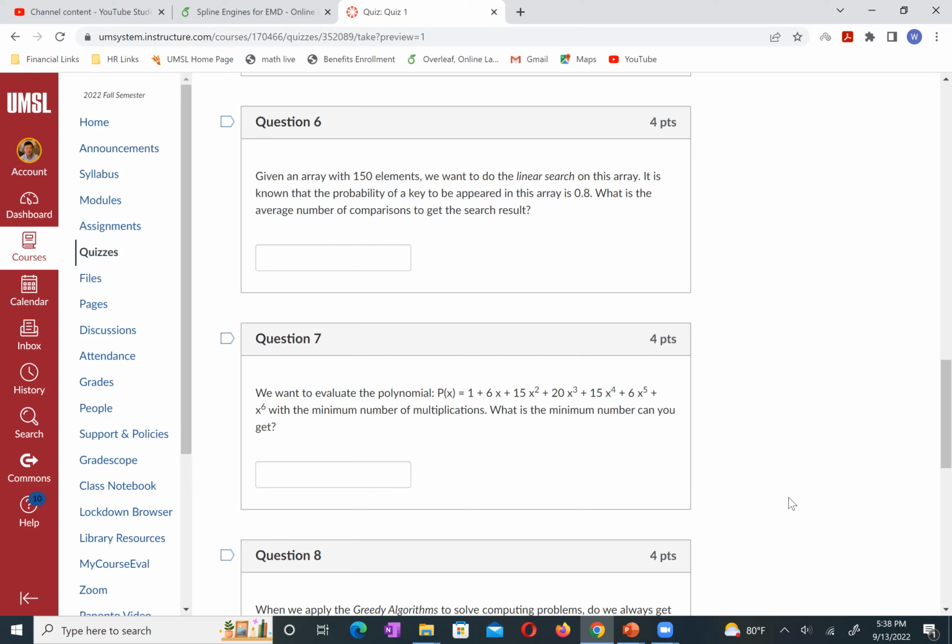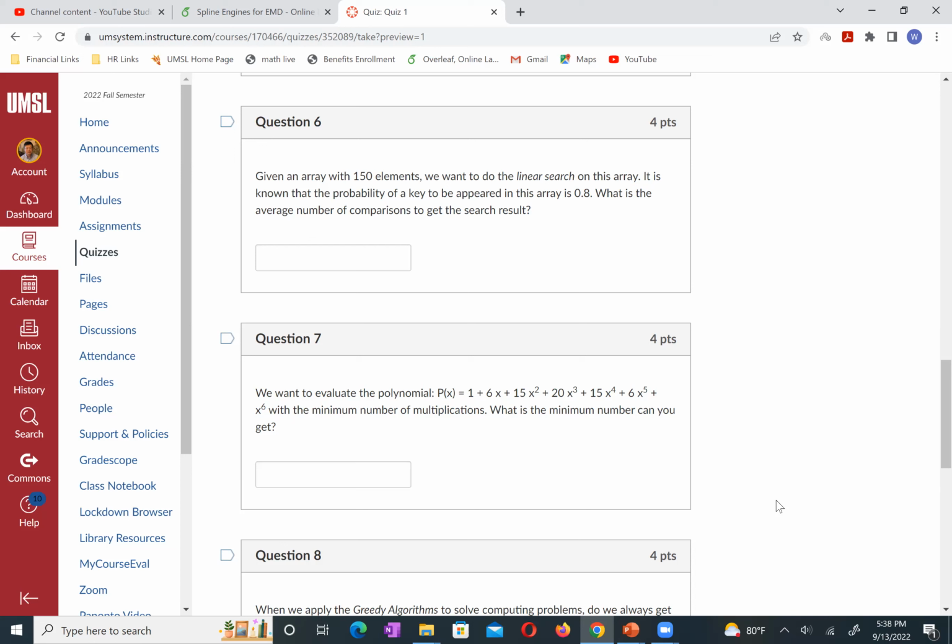For best case and worst case, you are expected to give an integer answer, because that's just one case. But for the average case, you consider all possible cases, then you take the average. So you should not expect to get an integer answer. Don't drop the fractional part, okay?